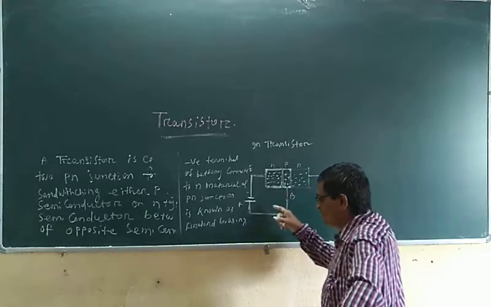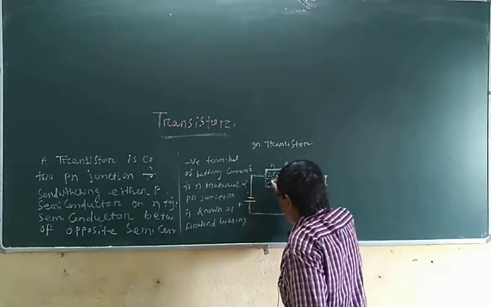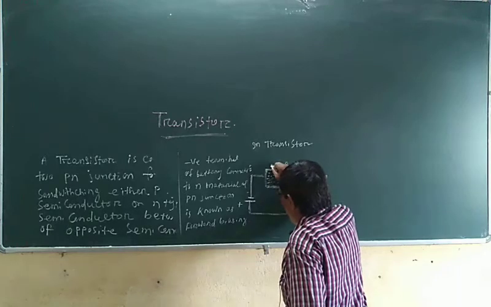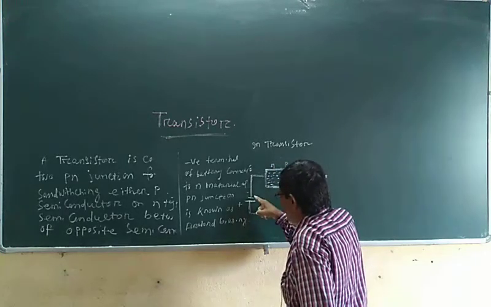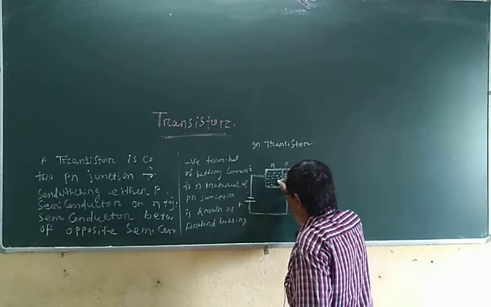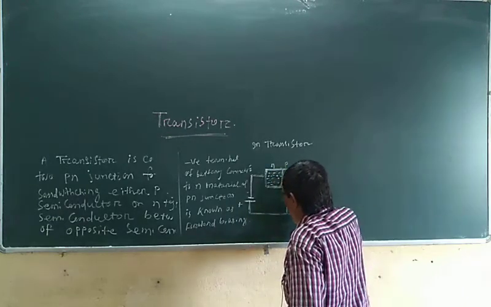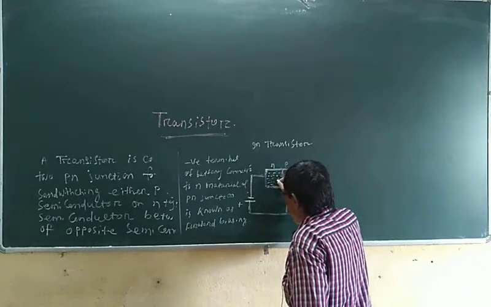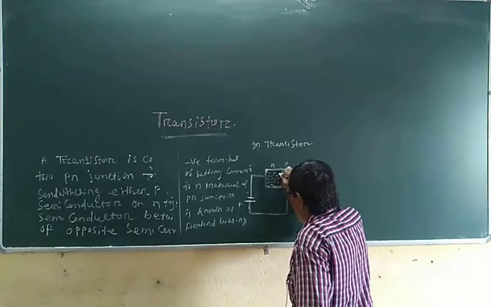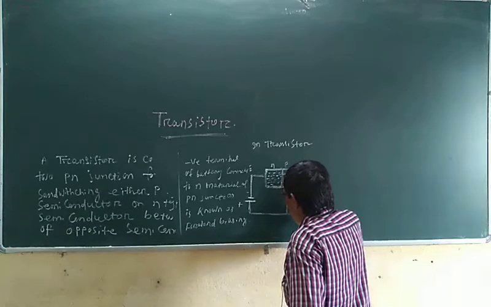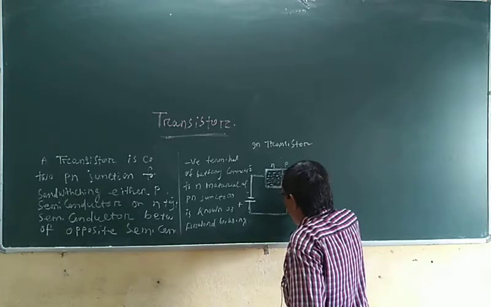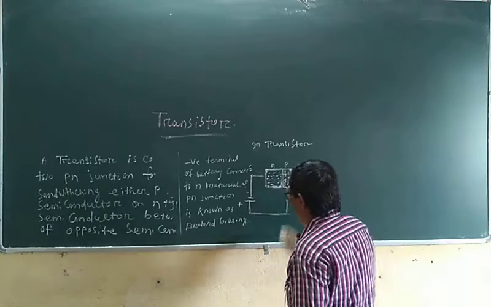Now here the negative is connected to the N material. Like charges repel each other, so the charge particles repel each other and go to another section, the P material, which is positively charged.